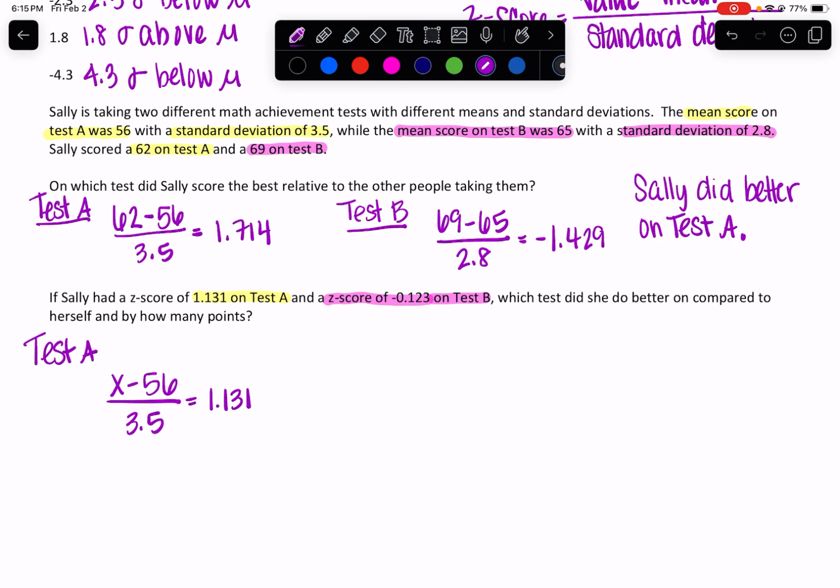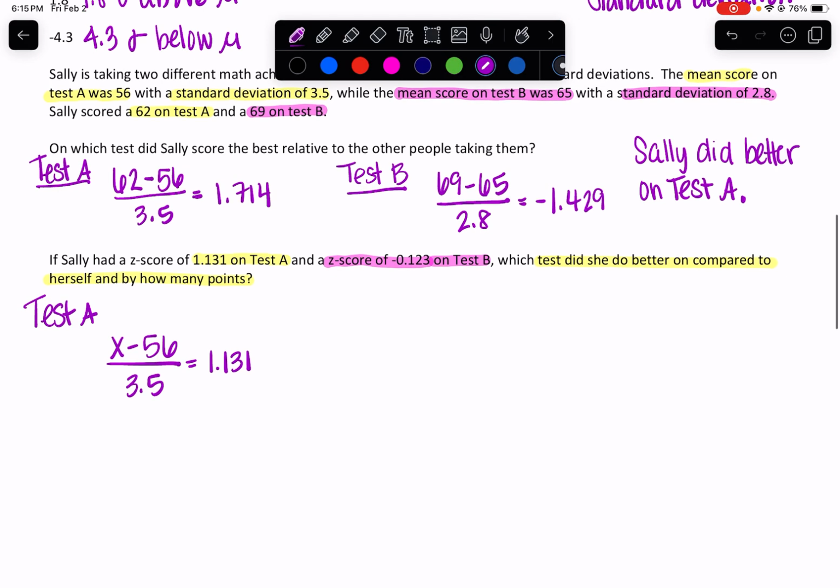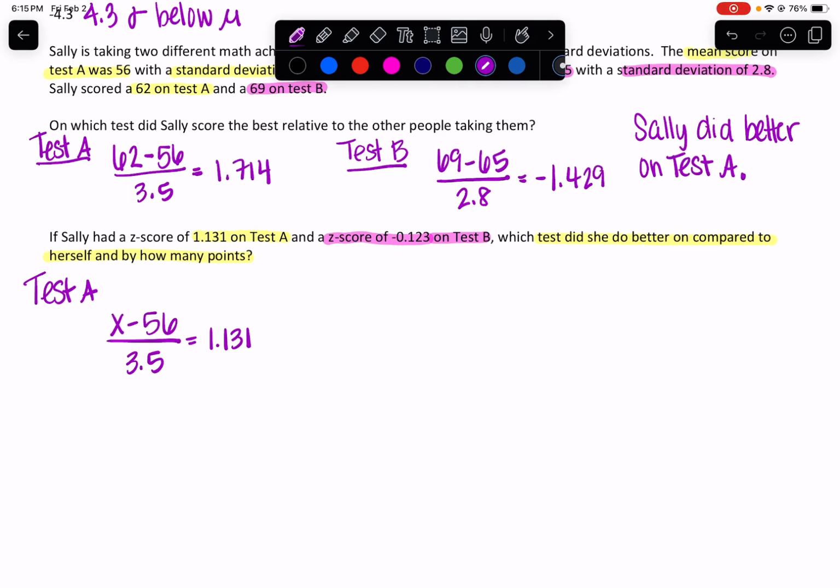And so we want a difference. It says, which test did she do better on compared to herself, and by how many points? And so we need to calculate the points, and then we need to figure out which one was technically better. So the first thing we do is multiply by 3.5. So x minus 56 is equal to 1.131.